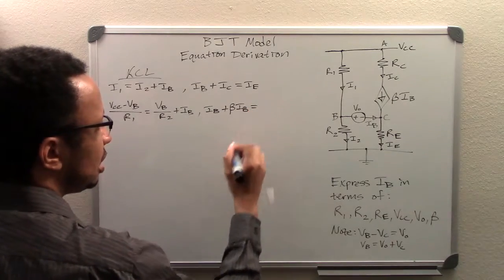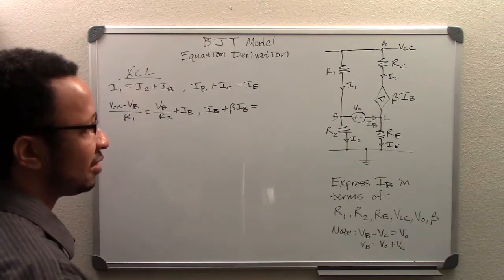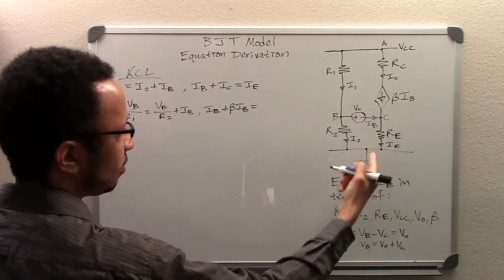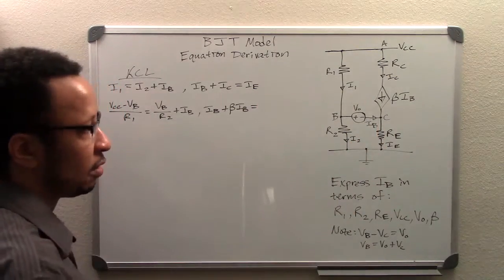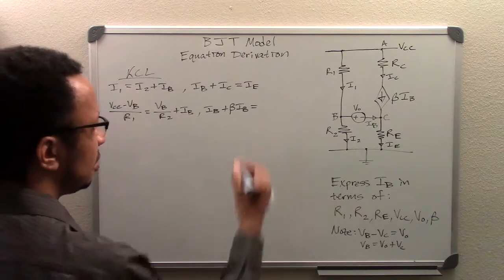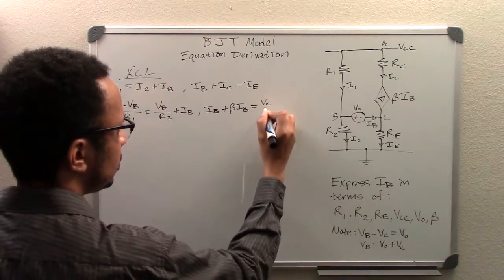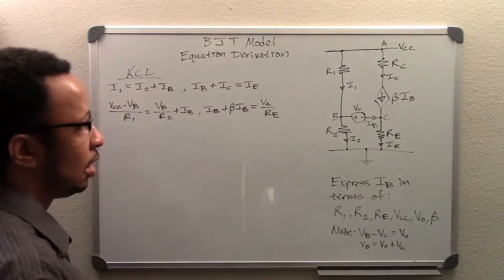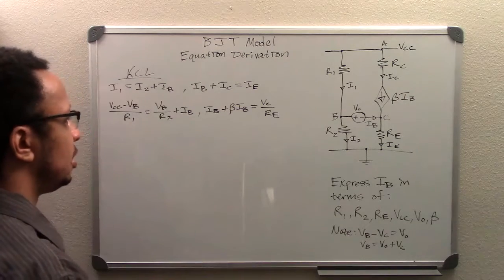And that's going to be equal to IE. Well, what's IE? IE is VC minus ground, so ground is 0, so we'll automatically simplify that. So it's going to be VC divided by RE, and that's what IE is going to be.